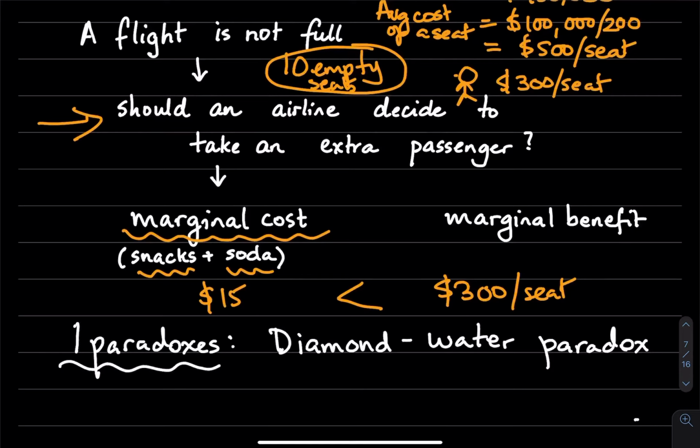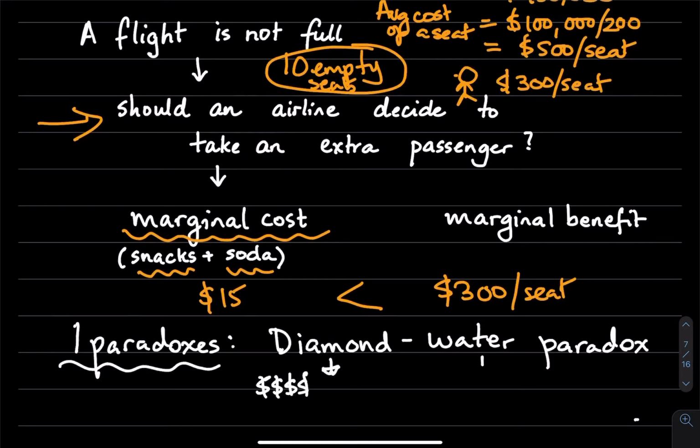Okay, so diamonds are really expensive, and one could say they might be unnecessary, and it really can't make sense of why these diamonds, although being unnecessary, are so expensive.